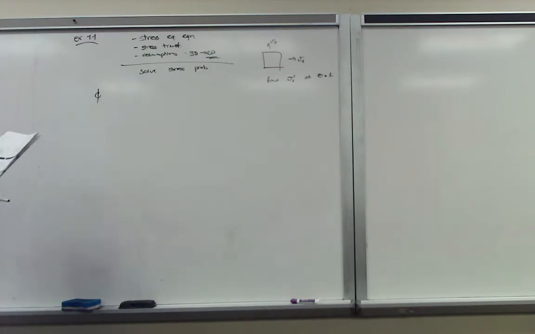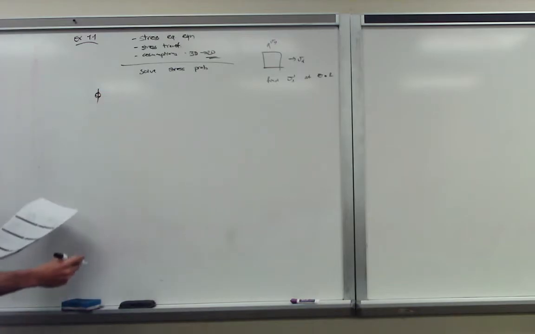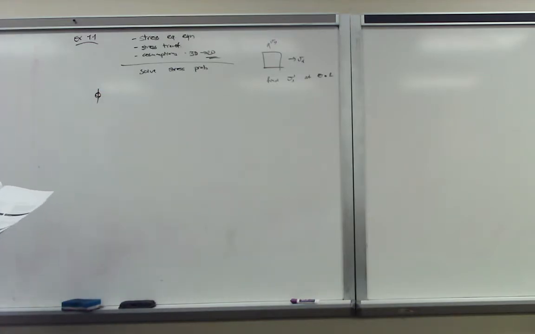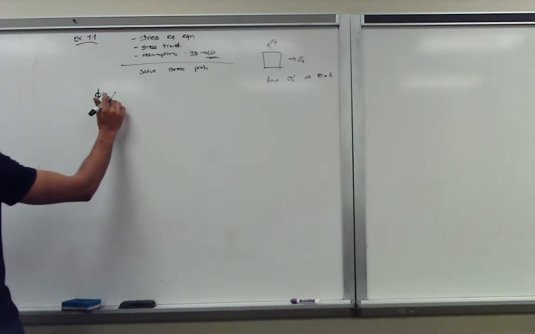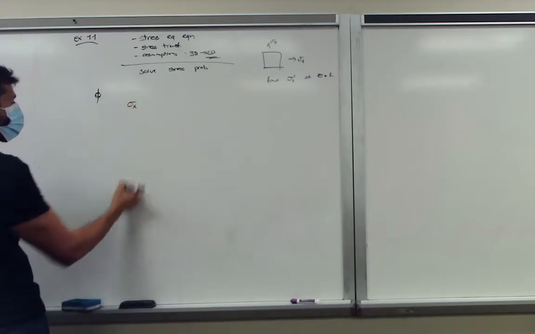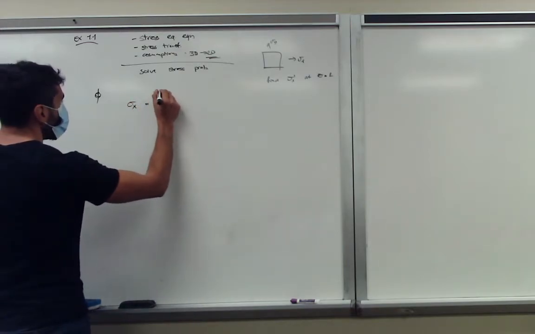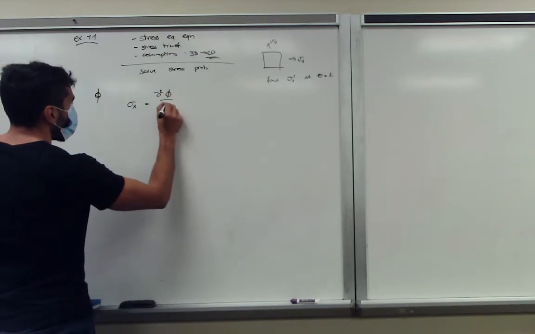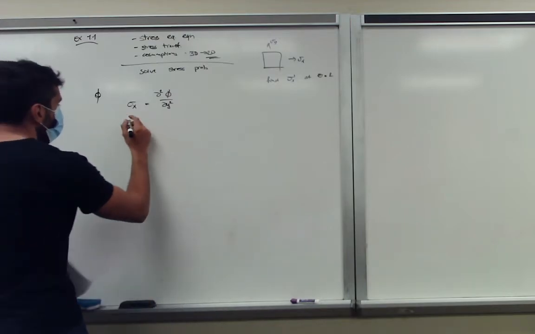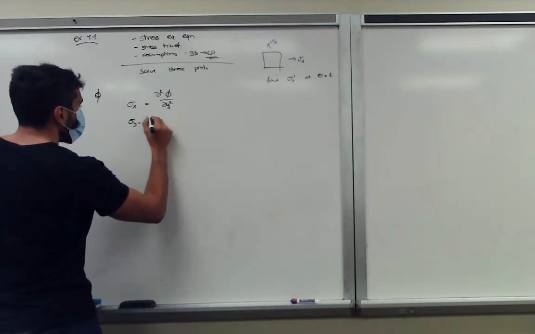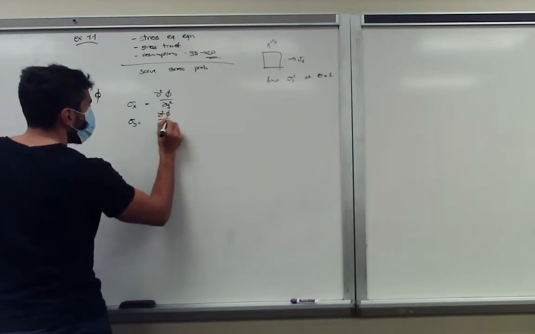With that said, the first one to do this was Airy, hence the name Airy stress function. He said the following: I have a function phi, and my sigma x is defined by the second derivative of phi with respect to y. My sigma y is the second derivative with respect to x.